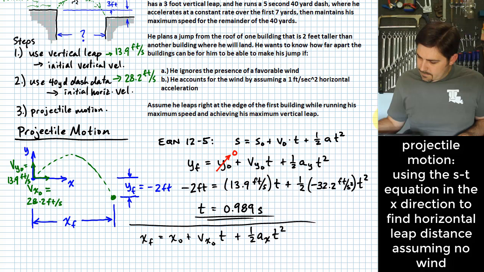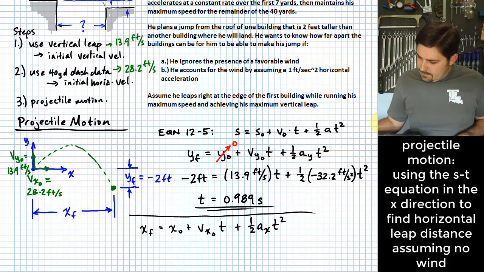All right, well, let's first of all do this for no wind. If we're looking at no wind, what we do is we say our final x position, we're again starting at the origin, x naught is 0, so we don't put that in.